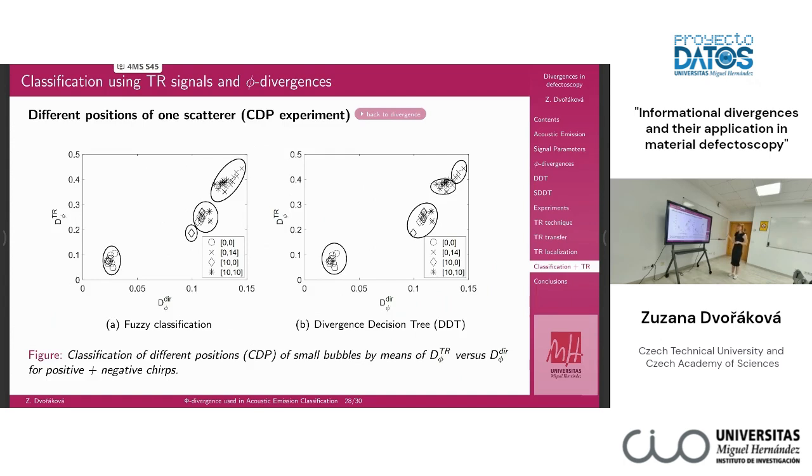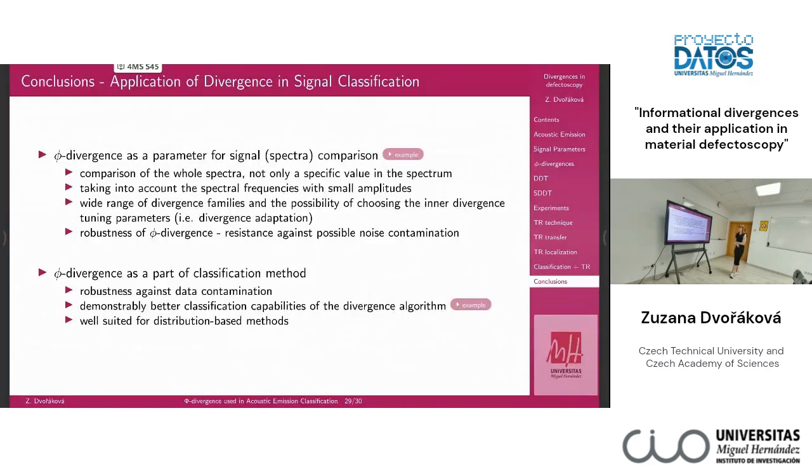So again, divergence works very well in classification in our application, in parameters and also as a classification method. And the result of this experiment was published last year in the Journal of the Acoustical Society of America. So it was a good result for us.